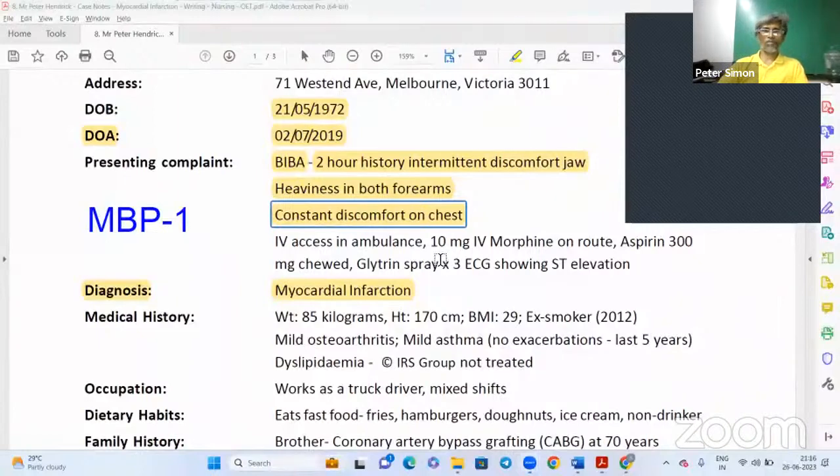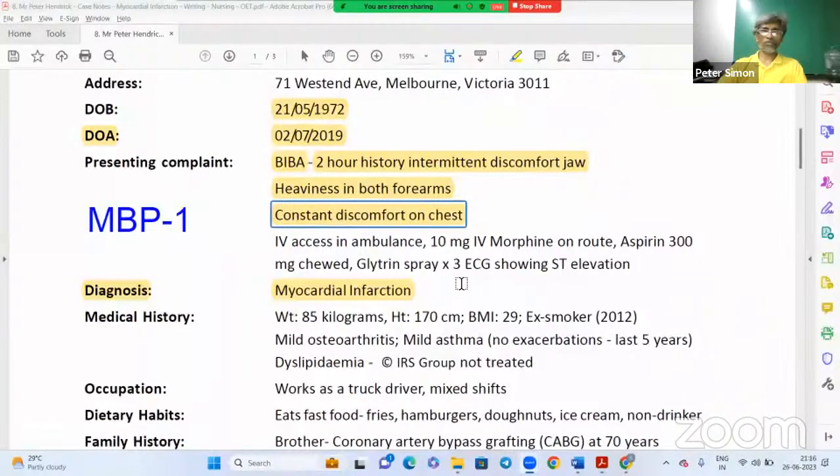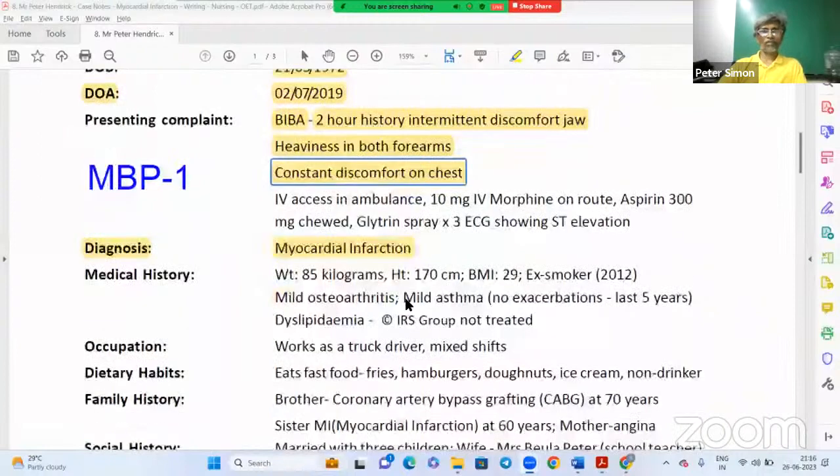So upon admission, you can write about upon admission. Then IV access in ambulance, 10 mg IV morphine en route, aspirin 300 mg chewed, glyceryl trinitrate spray, ECG showing ST elevation. So all these things were done.